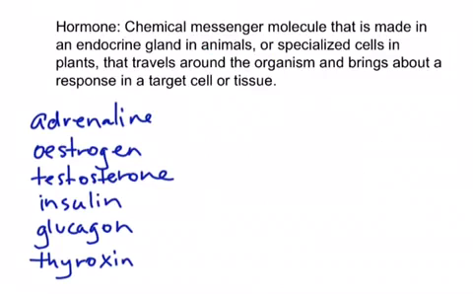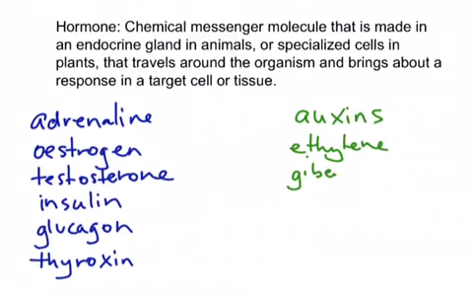In plants, there are hormones such as auxins, which control various parts of plant growth. There's hormones such as ethylene, which control the ripening of fruits. There's hormones called gibberellic acid.